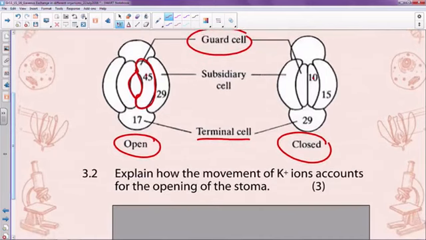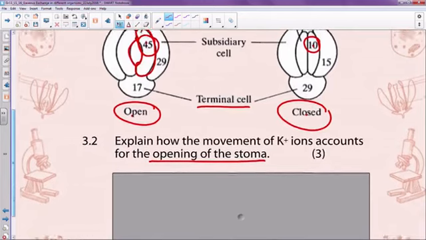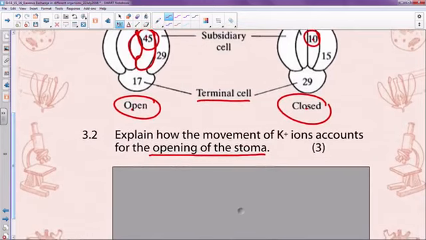Explain how the movement of potassium ions accounts for the opening of the stomata. When we look at the open stomata here, you've got a high concentration of potassium ions. When we look at the closed stomata here, you've got a low concentration of potassium ions. So there is a link between the concentration of these ions and the opening and closing of the stomata. I'm going to rapidly get through this solution so that I leave you with the answer.